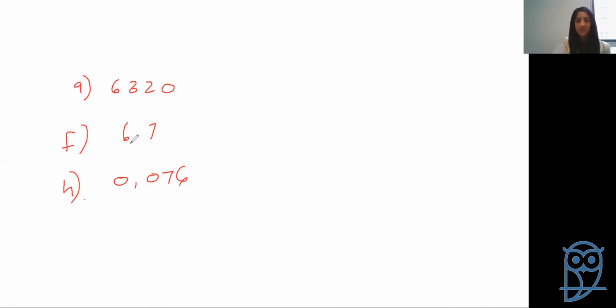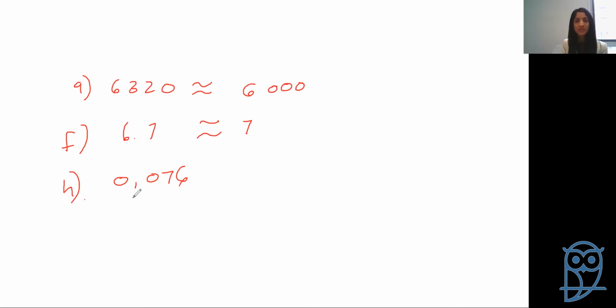The most significant number there would be 6, making it 6,000. 6.7 would be 7. And why? Firstly, this is a decimal number, okay? And you would have already learned about rounding up and rounding down. So it becomes 7.